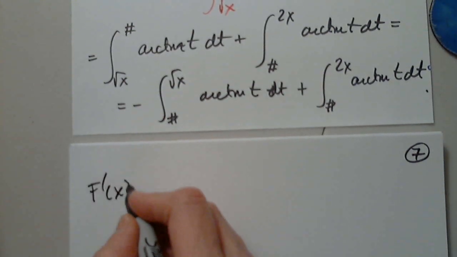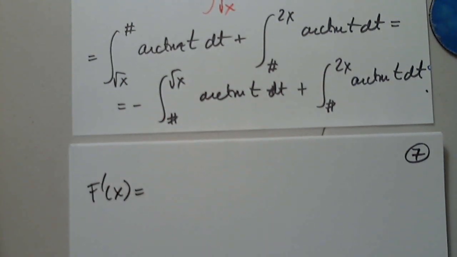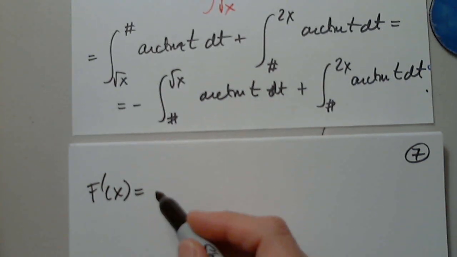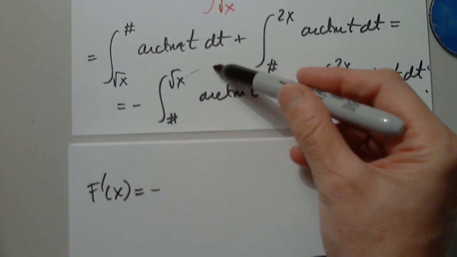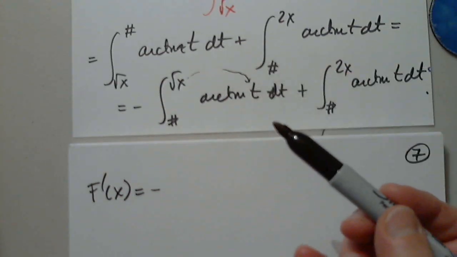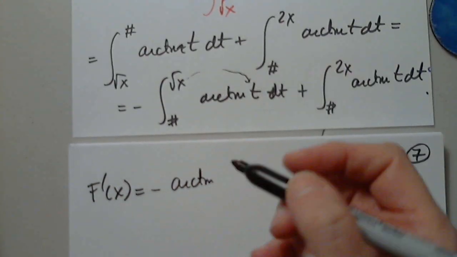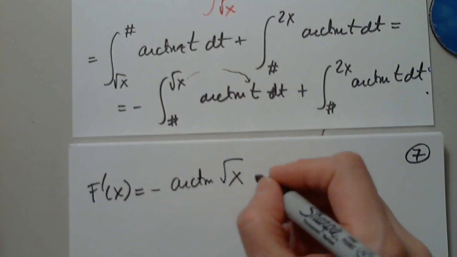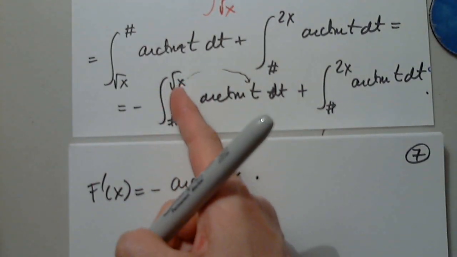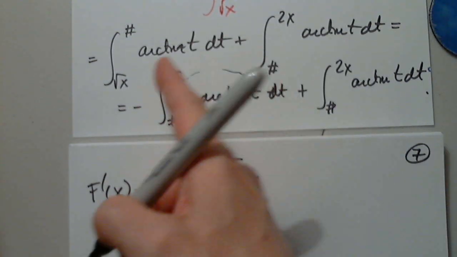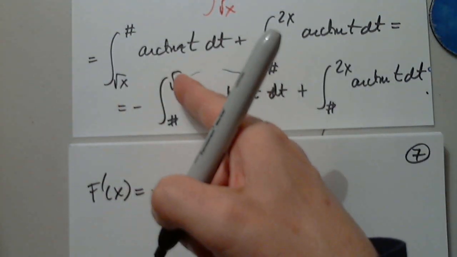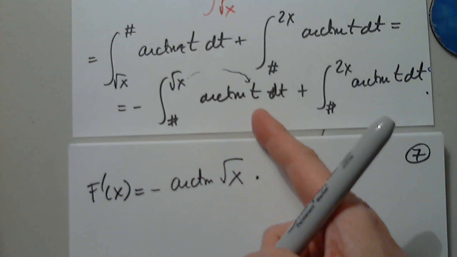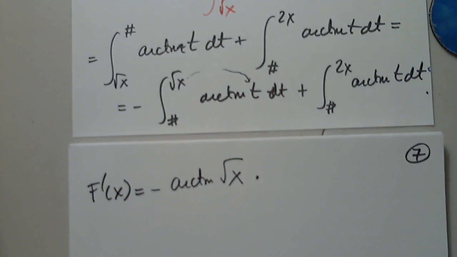So f prime of x. Negative in front. By differentiating, all I'm doing is writing arctangent t, replacing t by the square root of x. But because it's not plain x, I have to multiply by the derivative of the inner function.